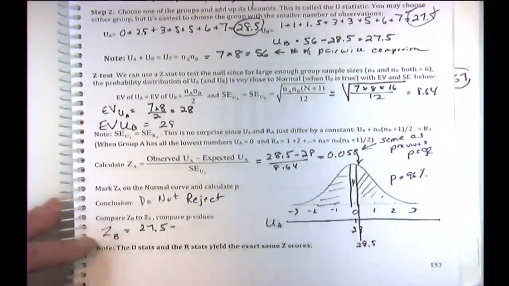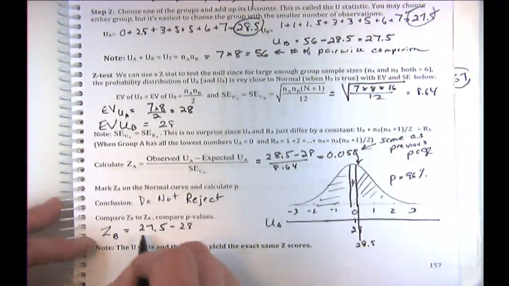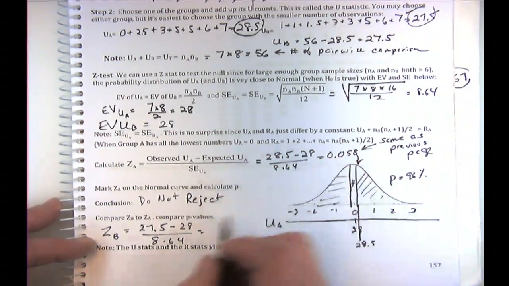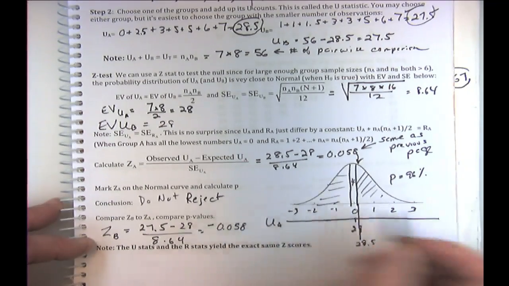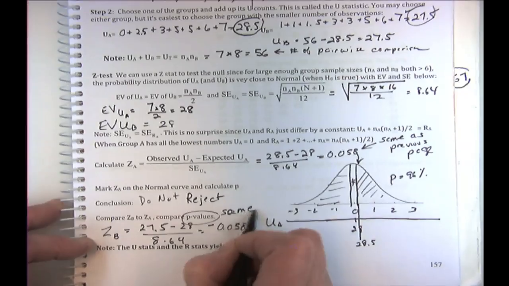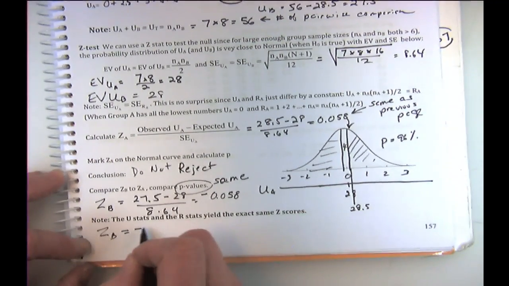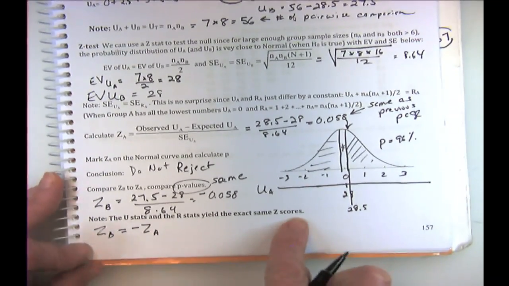And then we'd have the same standard error. So again, we just get the opposite z-score and the same p-values. So we can say ZB is equal to the opposite of ZA. And the U and the rank sum yield exactly the same z-scores.